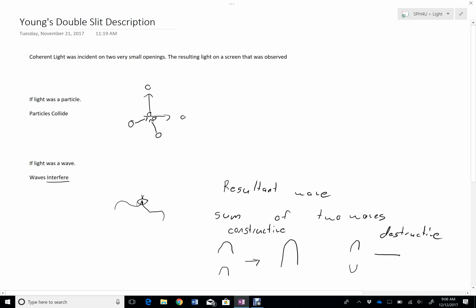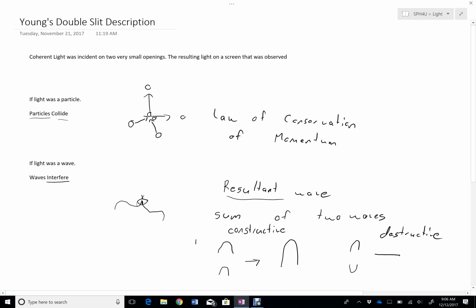So if the particles run into each other, hit and bounce off each other, they're particles, and they have collisions according to the law of conservation of momentum. And if they're waves, we get a resultant wave, an interference, a linear sum of the actual wave disturbance at that point.